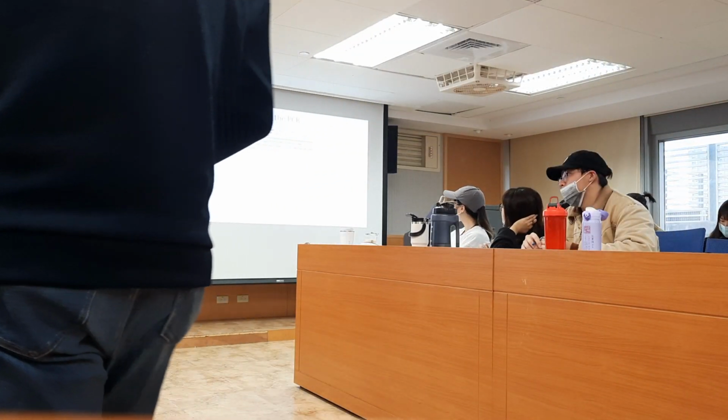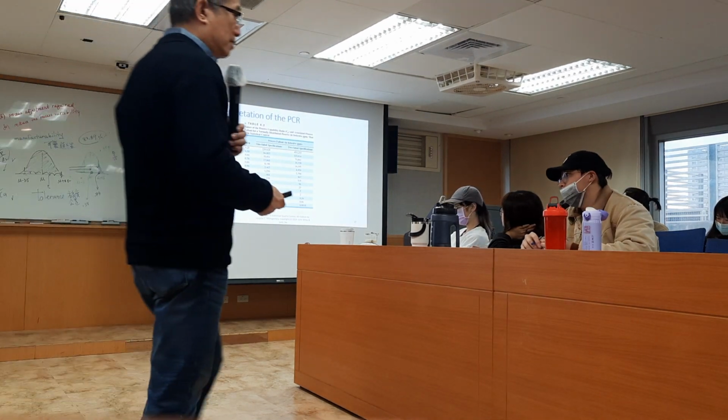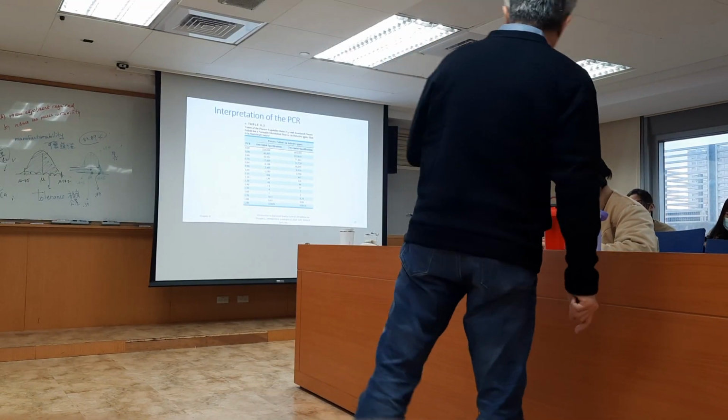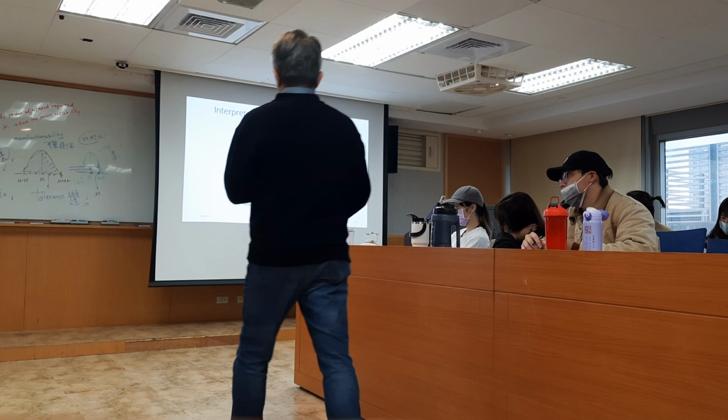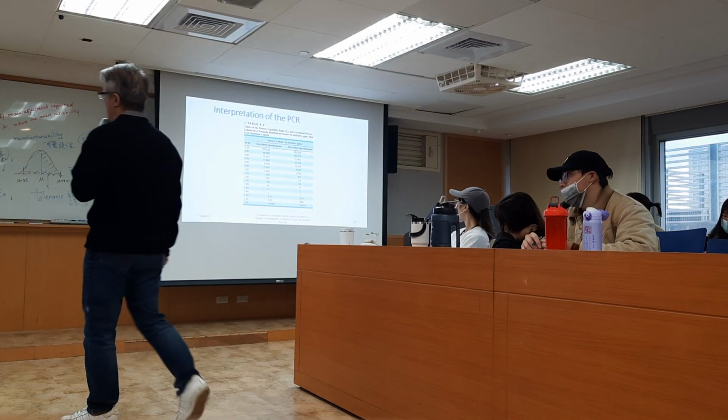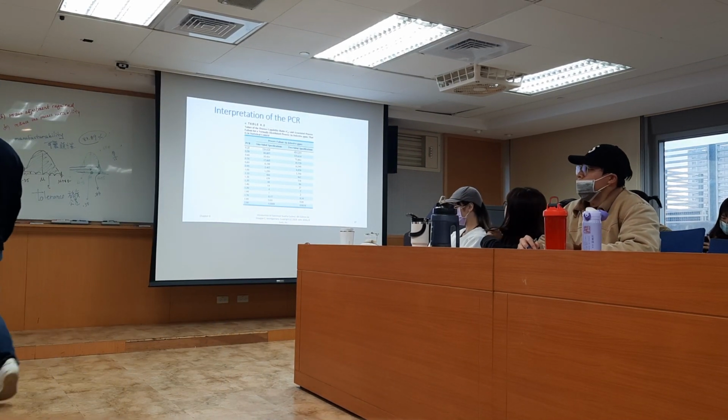So the interpretation of the PCR is on page 325, Table 8.2, values of the process capability ratio and the associated process fallouts.